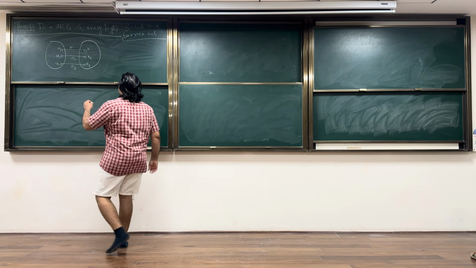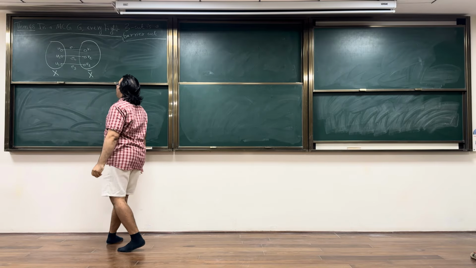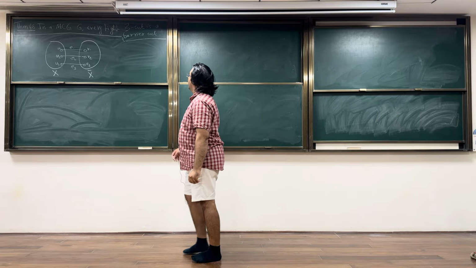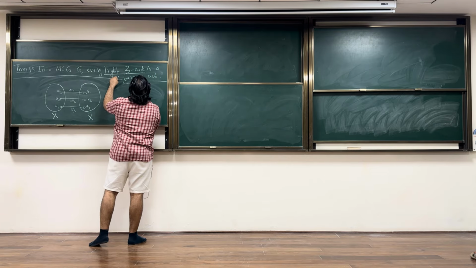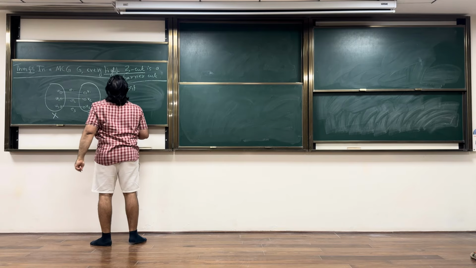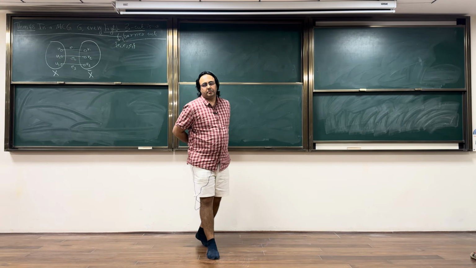Let's say this is X, this is X bar, this is a tight 3 cut. Okay, E1, E2, E3 is our tight 3 cut. That means it's a tight cut and it has 3 edges.